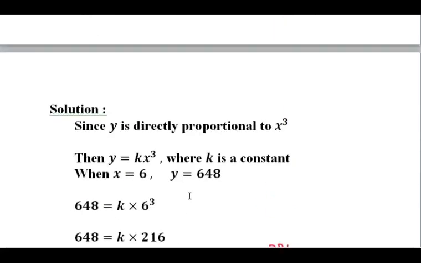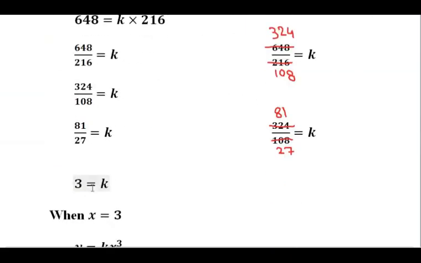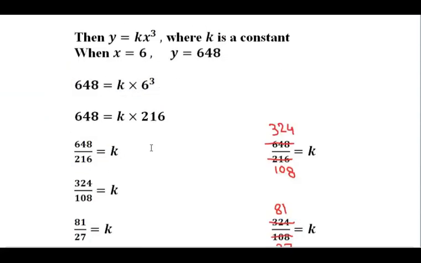Now the next column of this table is when y equals 1029, and we will be finding the value of x. So I'm going to substitute y equals 1029 and k equals 3 in this relation y equals kx cube.